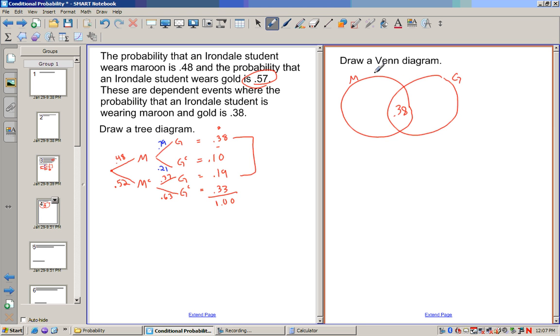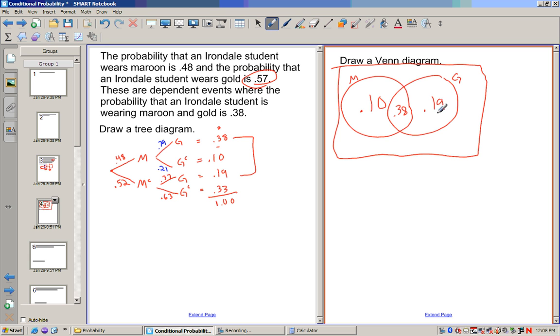So if the whole maroon circle is 0.48, then if I put 0.10 over here, these two would add up to 0.48. Now, if this whole circle adds up to 0.57, over here would be 0.19. Now, if I draw my box around the outside, this is my entire sample space.